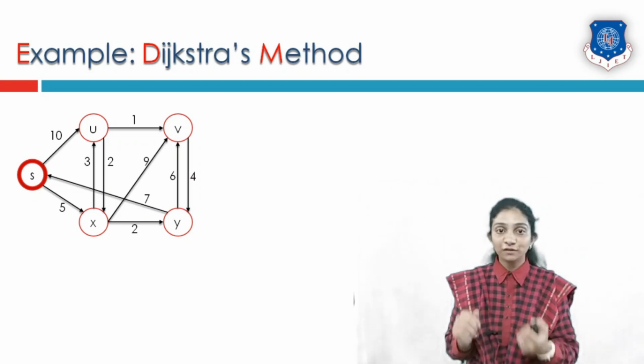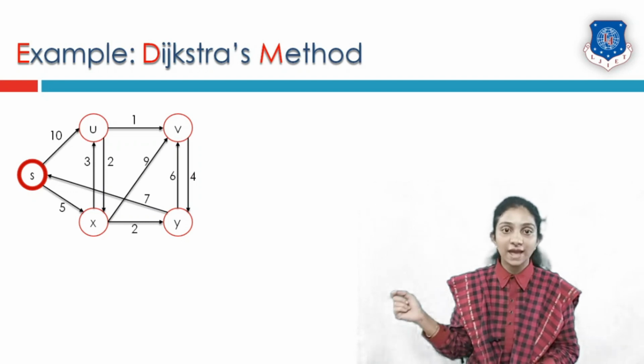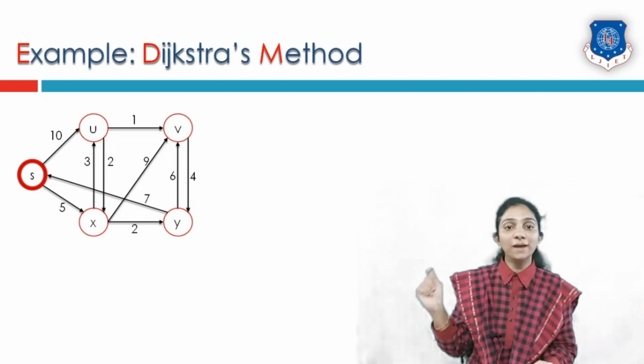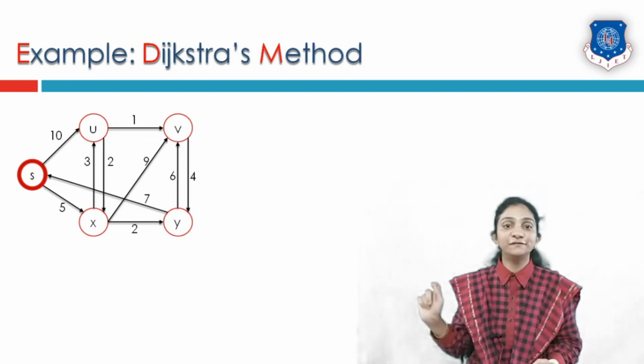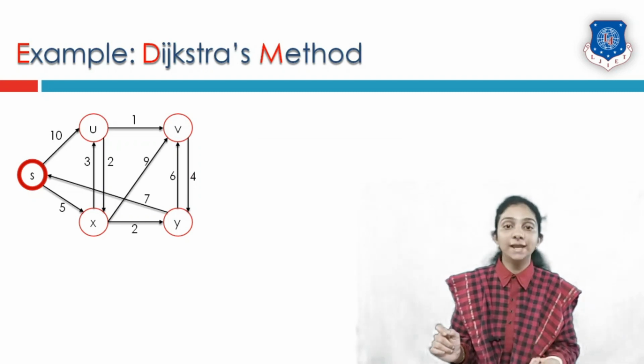Here our source is highlighted by a darkened circle S, and we have to find the minimum distance from vertex S to all the other vertices.